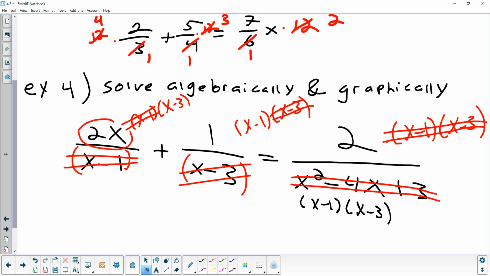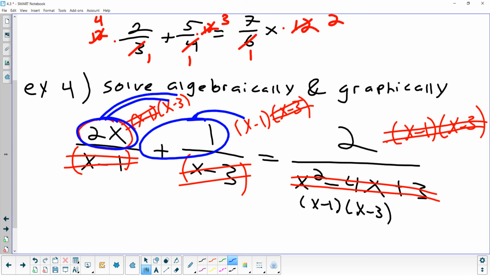So we're going to multiply this times what's left. Very important you do it like that. In this case it's a plus, so it doesn't mess anything up, but we are multiplying a plus 1 times that. And then the other side is just 2.